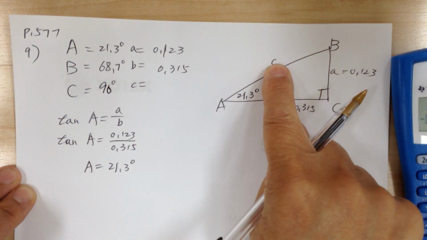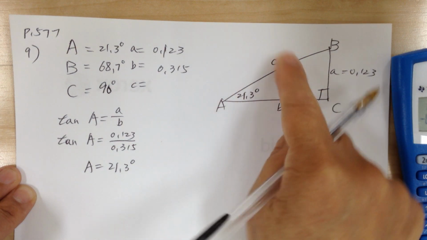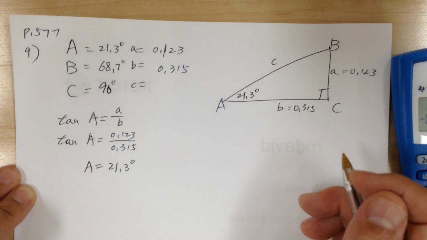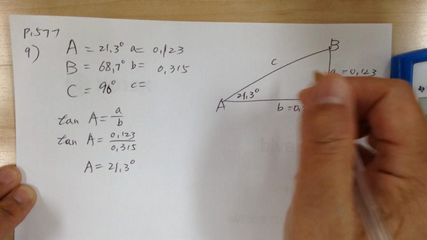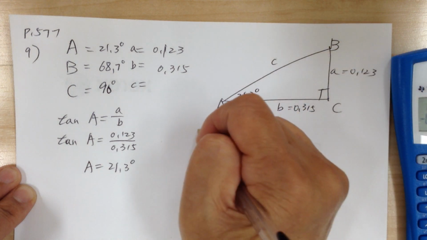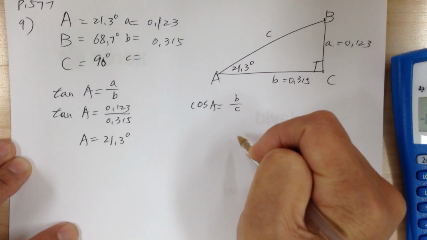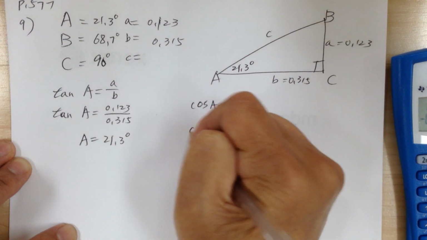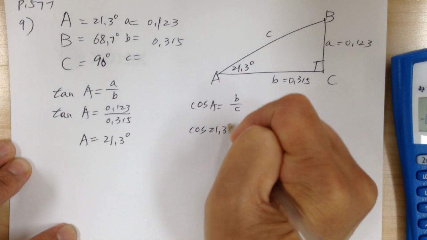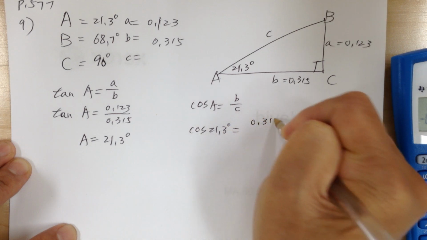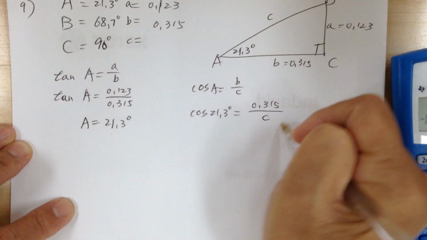So now to find c, you can either use this or you can use this. Doesn't matter which one you use. I'm going to use cosine. I'm going to use this too. So I'm going to get cosine of A equals b over c. Okay? And so substitute, so you've got cosine of 21.3 degrees equals 0.315 over c. So cross multiply.